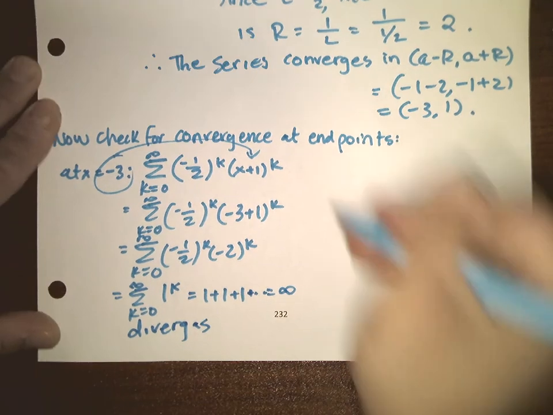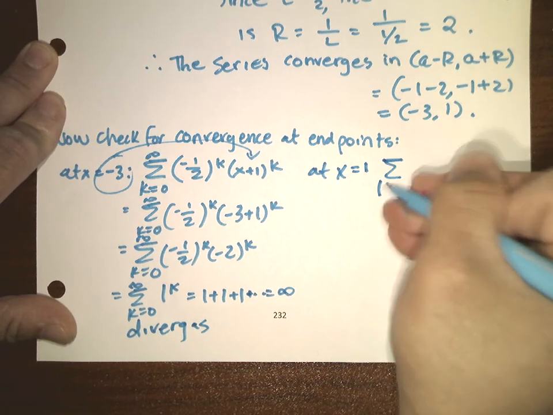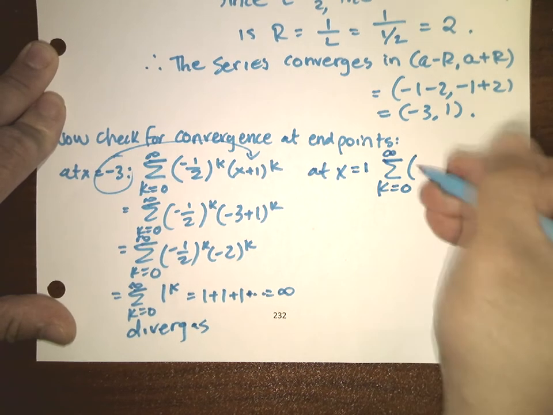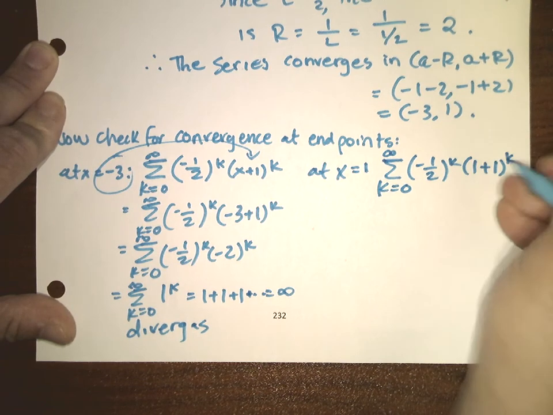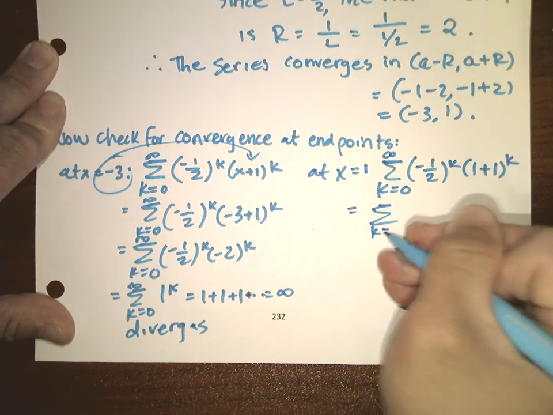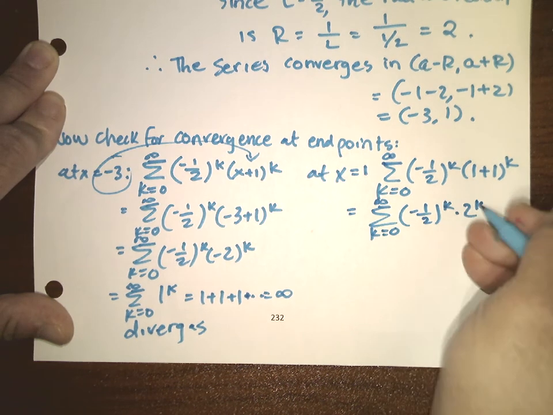So now we need to check at x equals 1. So that's the sum from k equals 0 to infinity of (-1/2) to the k, and then we have (1 plus 1) to the k. So that's the sum of (-1/2) to the k times 2 to the k.